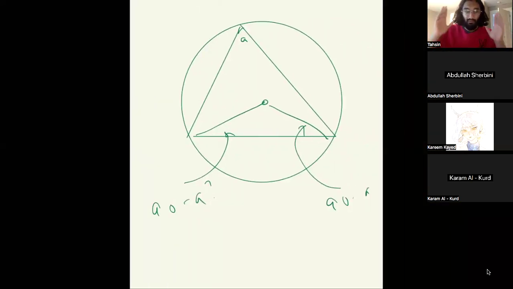So does it make sense? The original problem is actually equivalent to this problem. Does it make sense? It's really the same. Should I go back to the previous diagram?